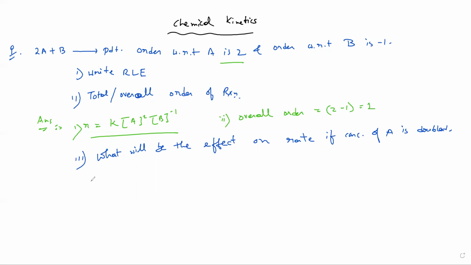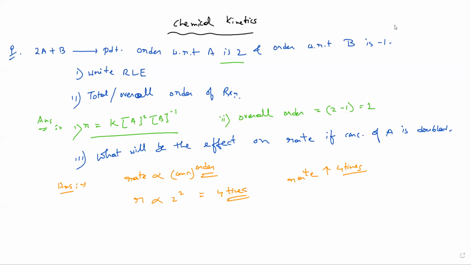How can I write the answer? Rate is proportional to concentration to the power order. 2 squared, so we can say 4 times. So we can say rate increases by 4 times.